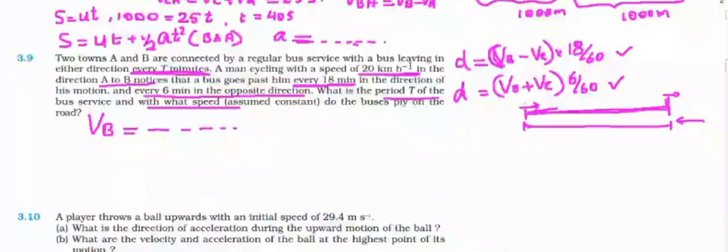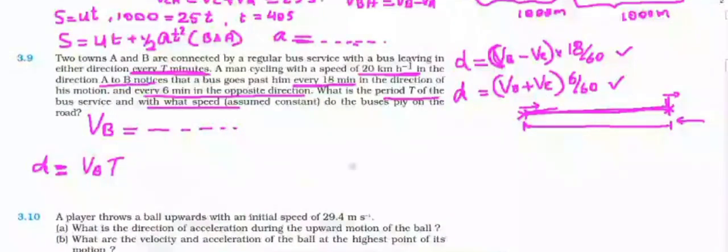Between two buses, time interval is t. Therefore, the distance traveled by the bus during the time interval is equal to Vb into t, speed of the bus into time taken between two successive overtakes.